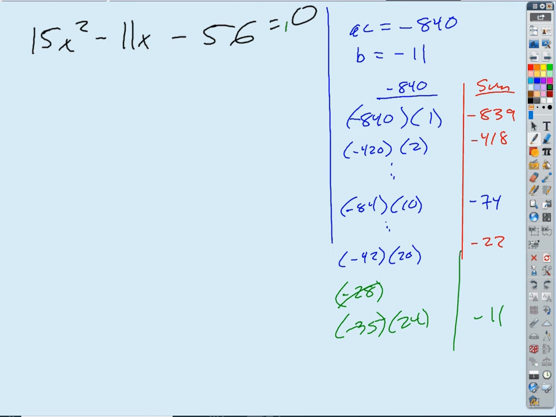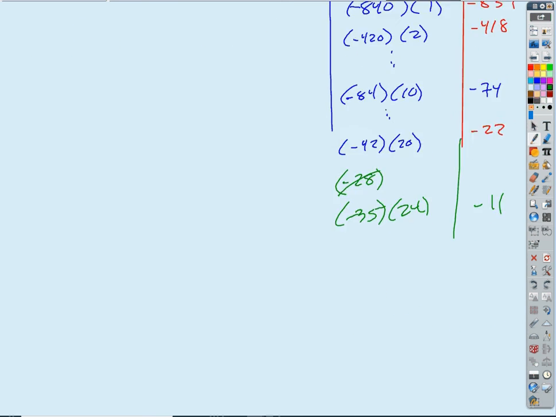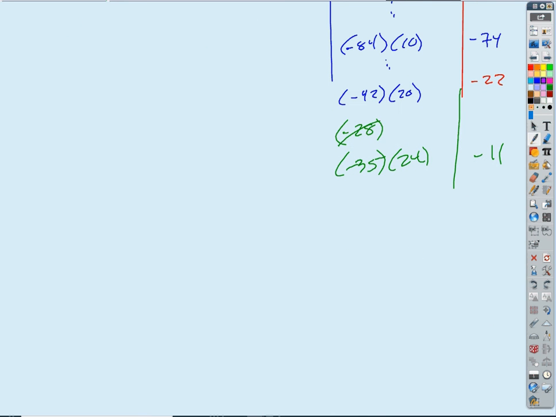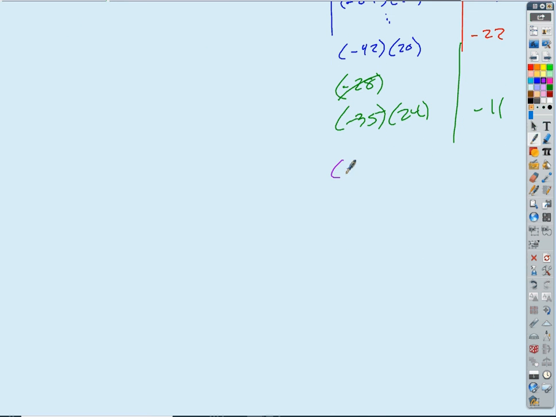Like 40 times 29 is gonna be too big. Agreed? 30 times 19 is gonna be too small. So we know it's gonna be somewhere in the middle. So what if we just arbitrarily pick something down here, like, what's our number again, negative 840? So what if we just said arbitrarily negative 33 and positive 22? That's an easy one to do.